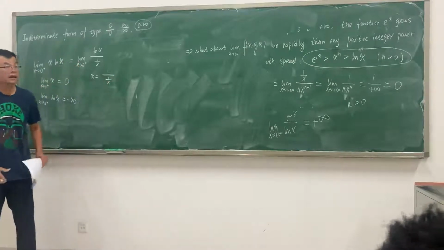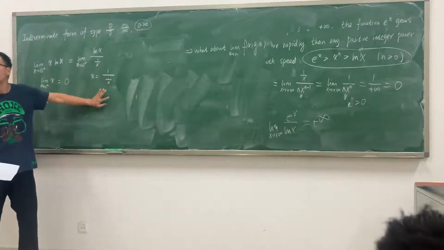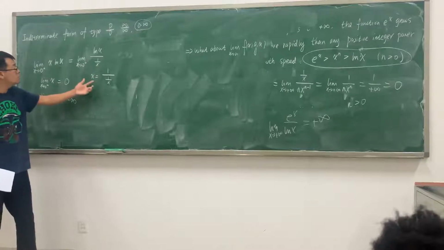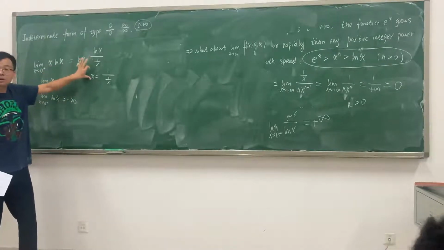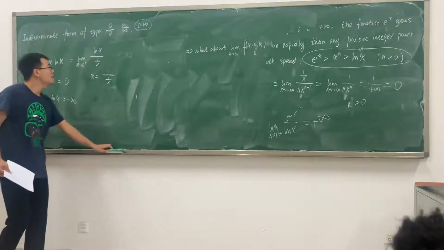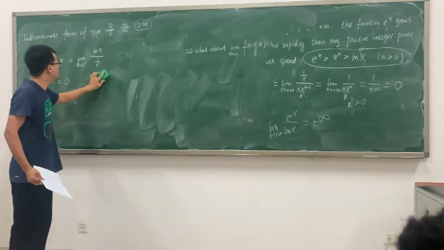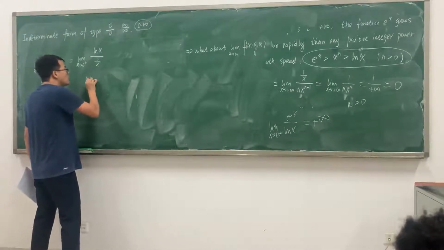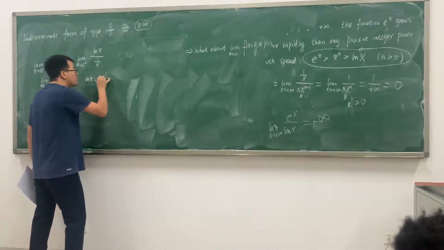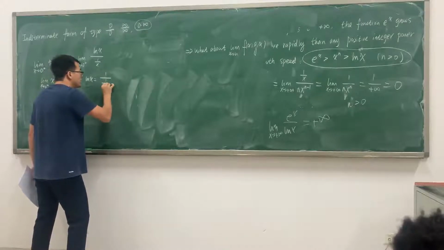So we can rewrite it in this form, or we can write it in another form, because ln x we can rewrite as 1 by 1 by ln x.